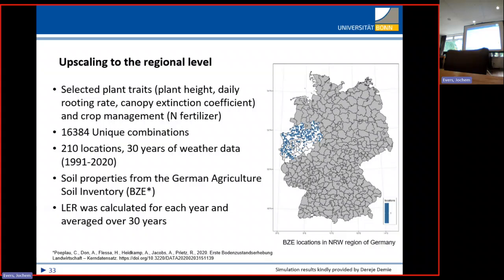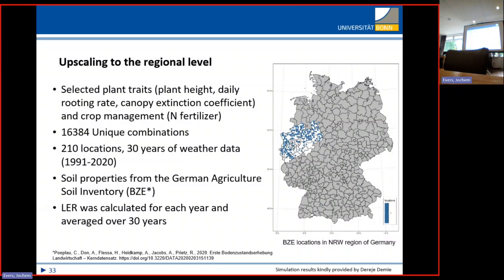how it is done. So we have this intercrop model that was for now only used for faba bean and spring wheat. And what we have done is we have soil data from 210 locations of NRW, which is this federal state here in the west of Germany. We have weather data from the German Weather Service of 30 years, 1990 to 2020 or something like that.